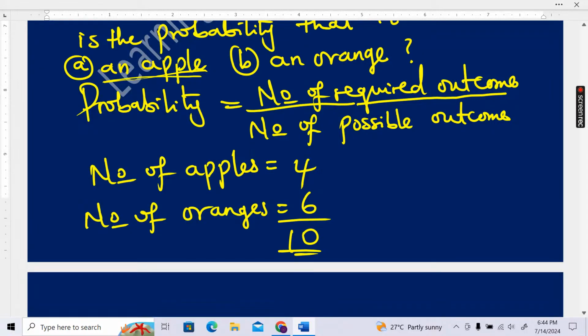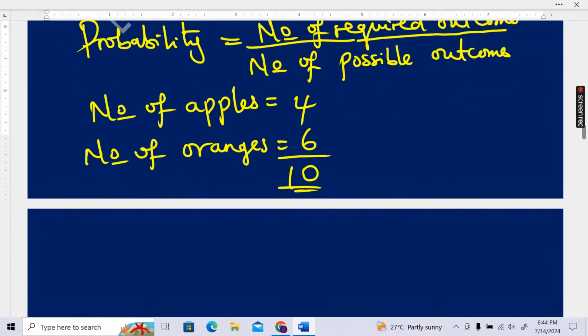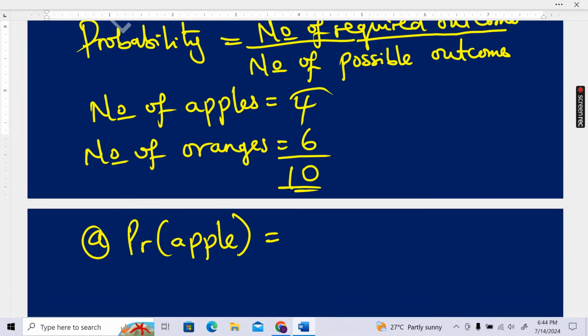So now, what is the probability that an apple was chosen? That's the first question. So that will be probability of apple. That's equal to the number of required outcome. What was required of you was apple. So just pick the number for apple, which is 4, divided by number of possible outcome. That's the total.